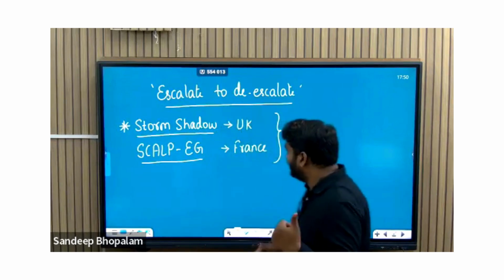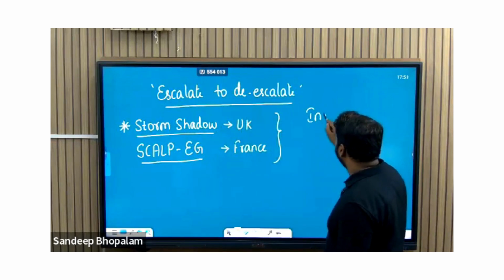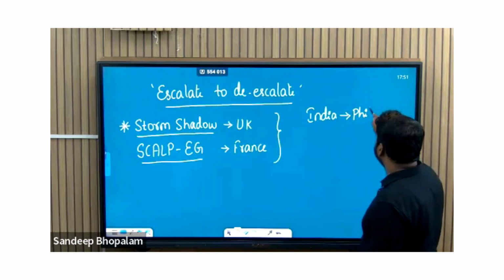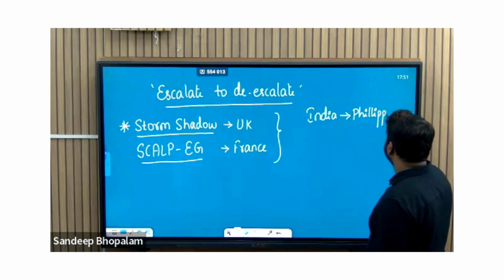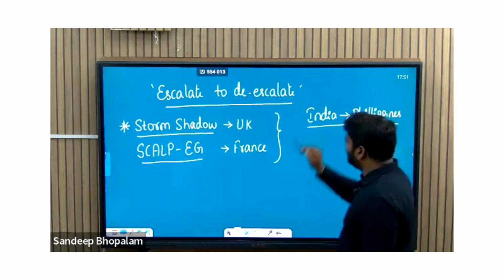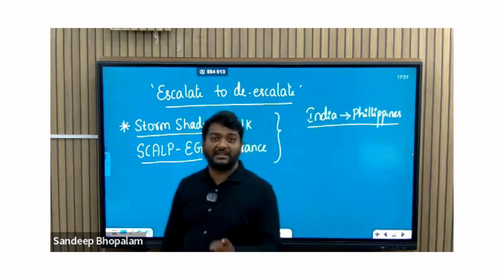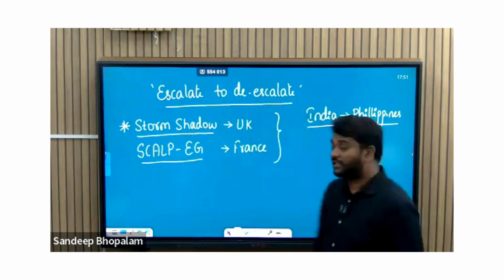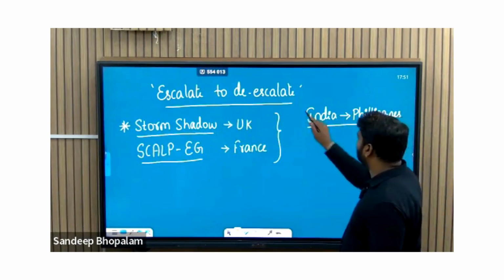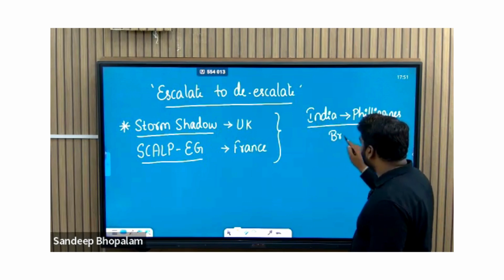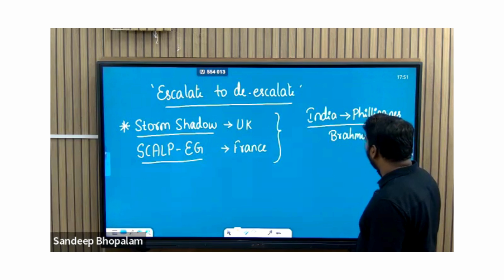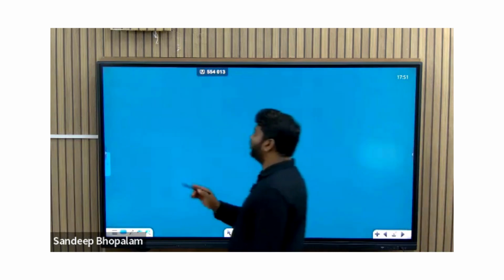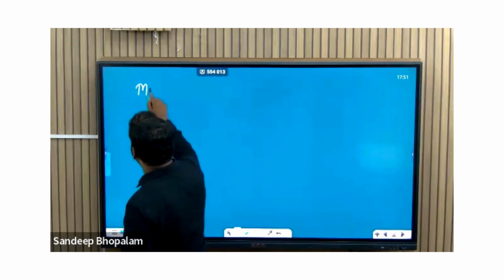India also, I don't know if you have heard, recently gave BrahMos missiles to the Philippines. So if India is giving BrahMos missiles to the Philippines, now you think and tell. If I am giving weapons to the Philippines, who can question me? Am I independent enough to give? No.